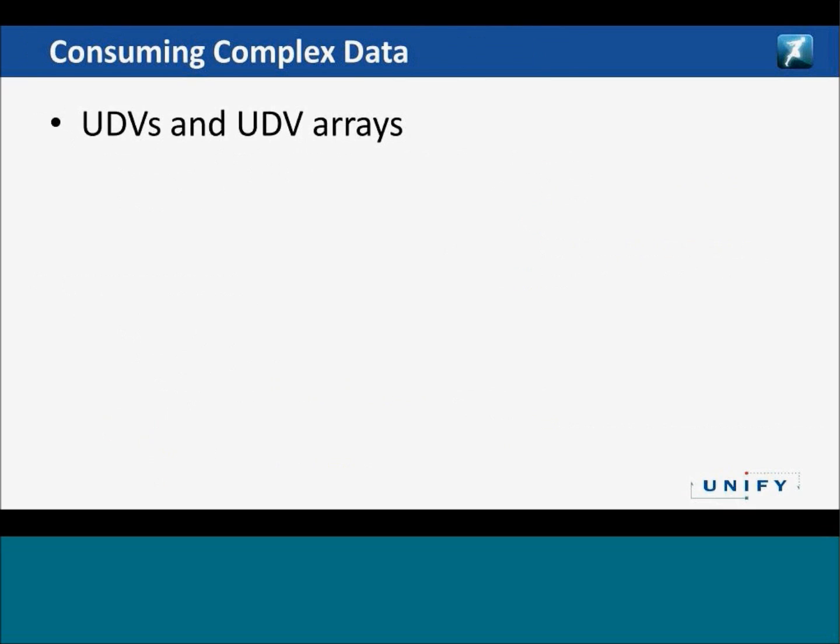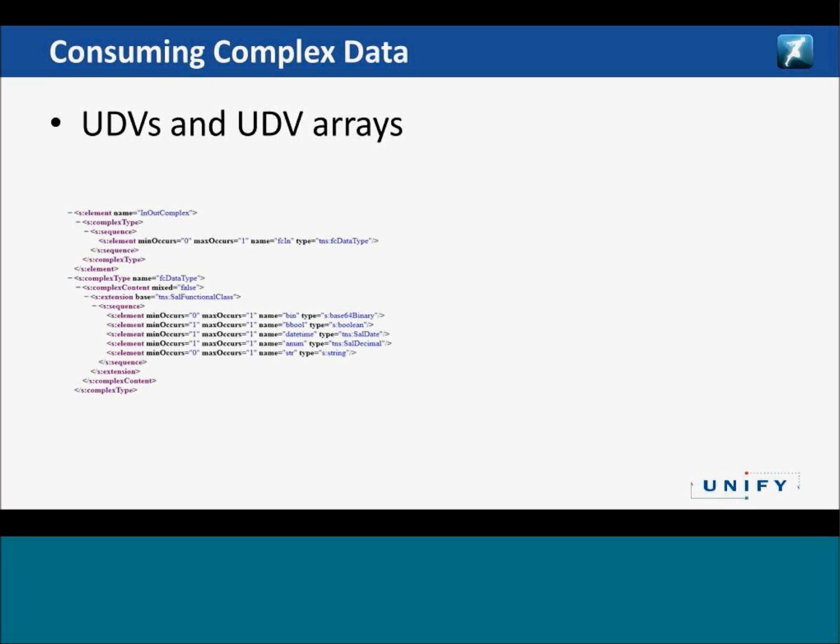So consuming complex data also means you can consume UDVs and UDV arrays. Now this is where it's getting really interesting. Basically, this is the WSDL, and if you look at the WSDL, let me switch on my highlighter again here. You see there are several elements in that functional class: a binary one, a Boolean one, Sal date, Sal decimal, and a string one.